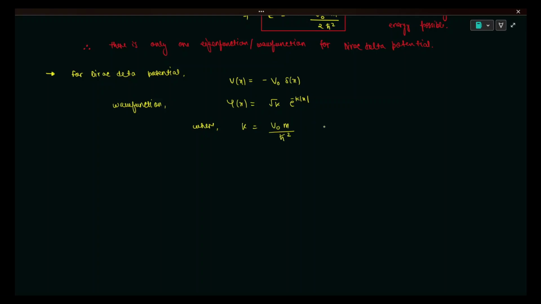Also this value is equal to under root of minus 2m E divided by h cut square. So if you compare both these values, then you will get the energy of this Dirac delta potential as minus v naught square m divided by 2 h cut square. So this is the summary for this Dirac delta potential.